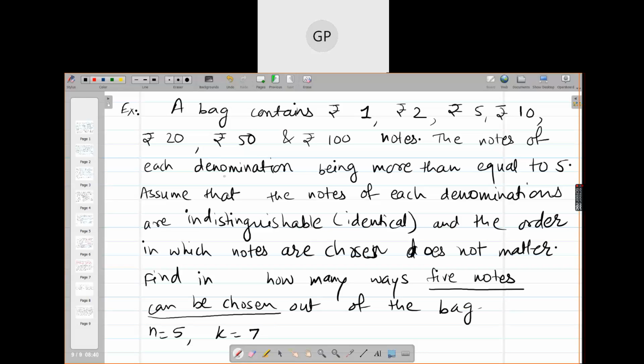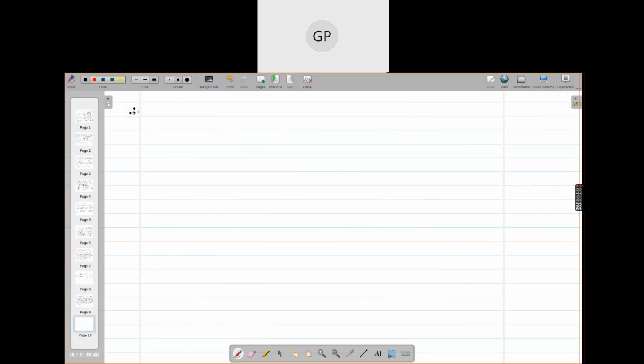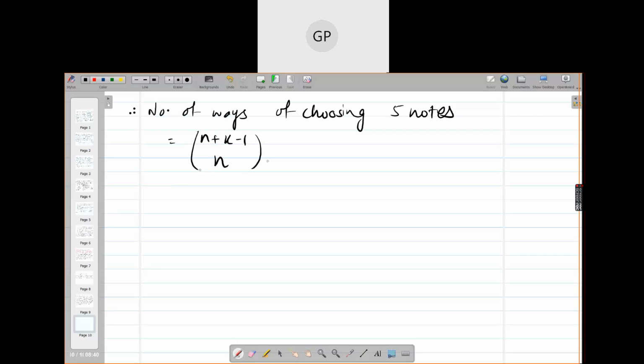And the order in which notes are chosen is immaterial. Therefore the number of ways of choosing 5 notes is equal to N plus K minus 1 C n. Any one formula you can use. So N is 5, K is 7.